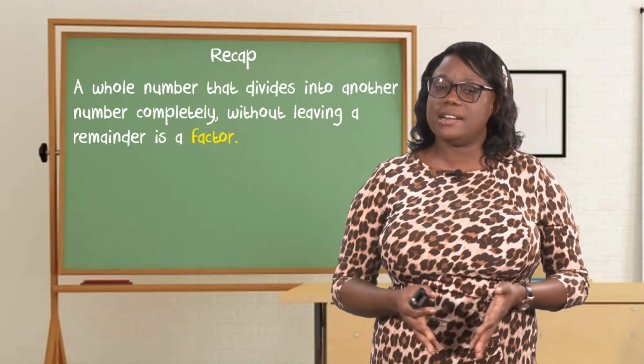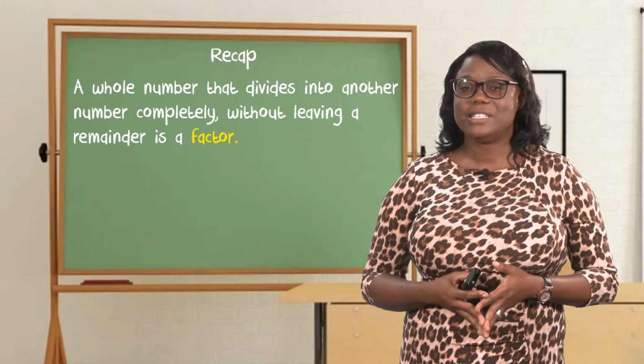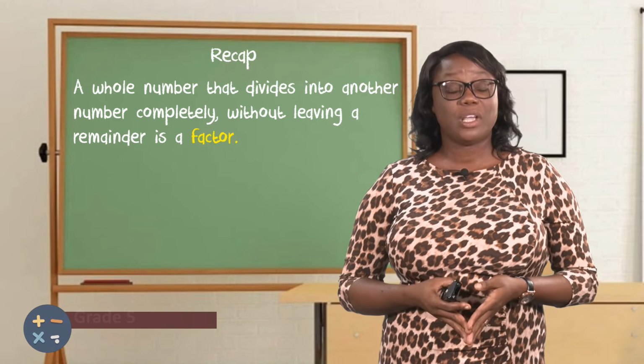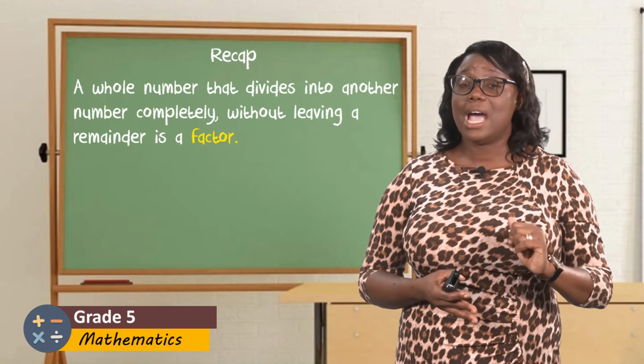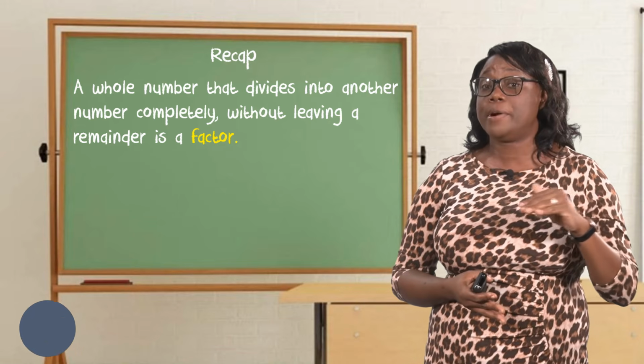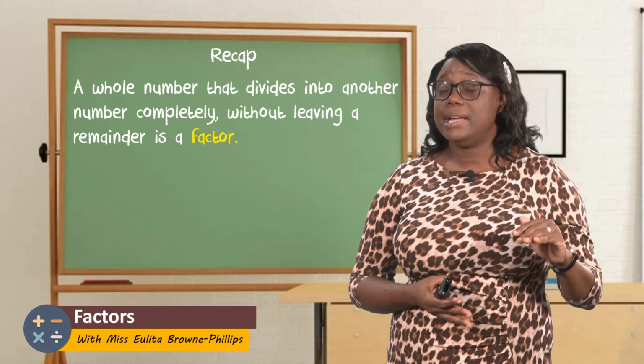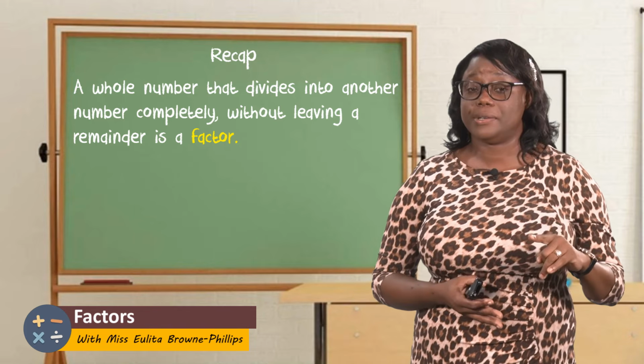So, boys and girls, today we learned quite a few things. So let's recap. We learned that a whole number that divides exactly into another number completely without leaving a remainder is a factor.